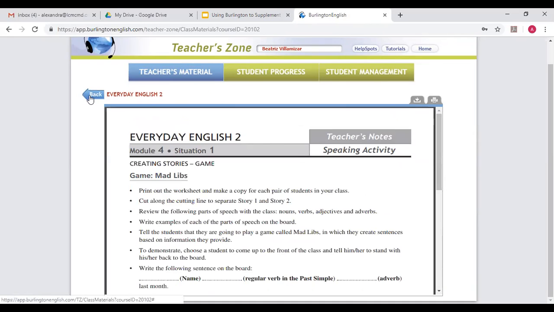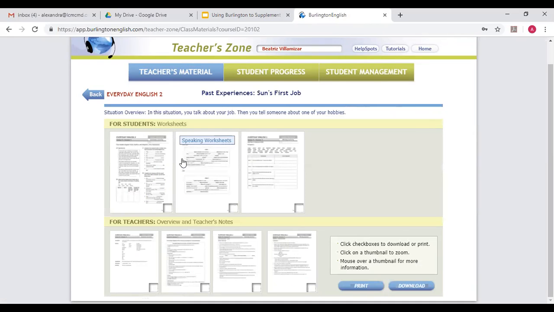So all of these activities, you can read them before class, like the teacher's notes, and then you can use these worksheets in class. So again, you can use Burlington in three different ways. You can have all of these worksheets and a lesson to work with during class, using these three different activities, okay?